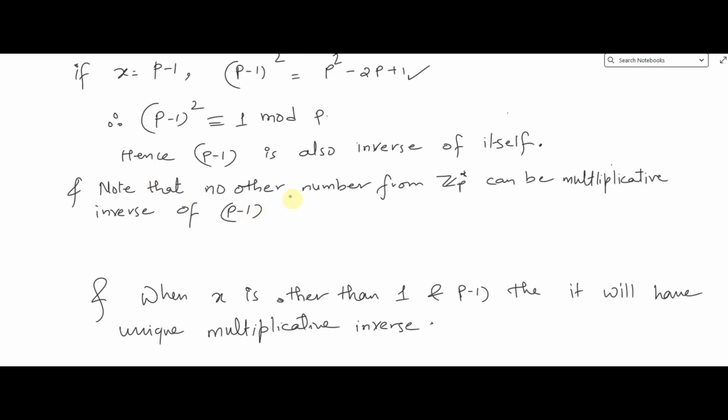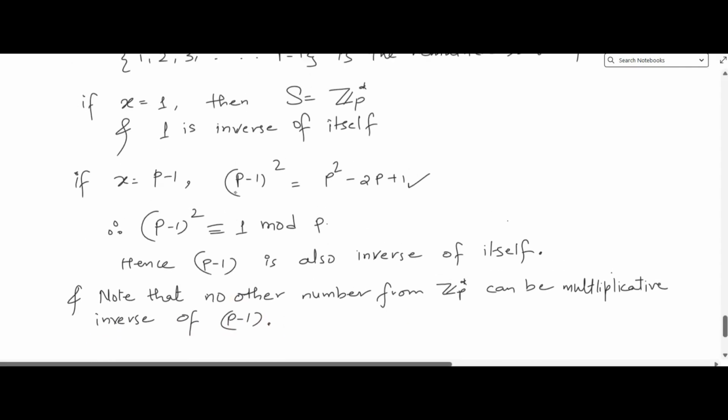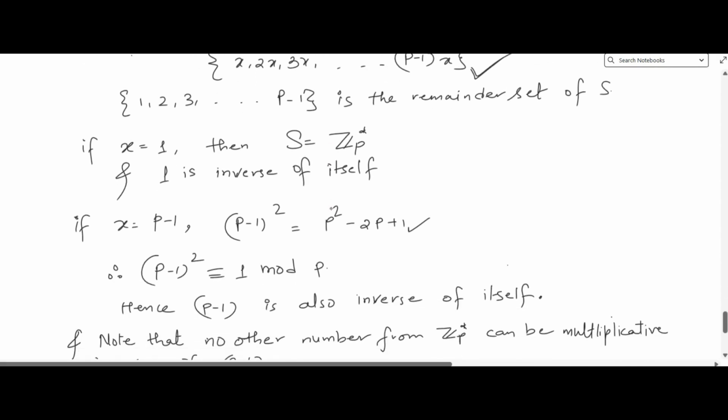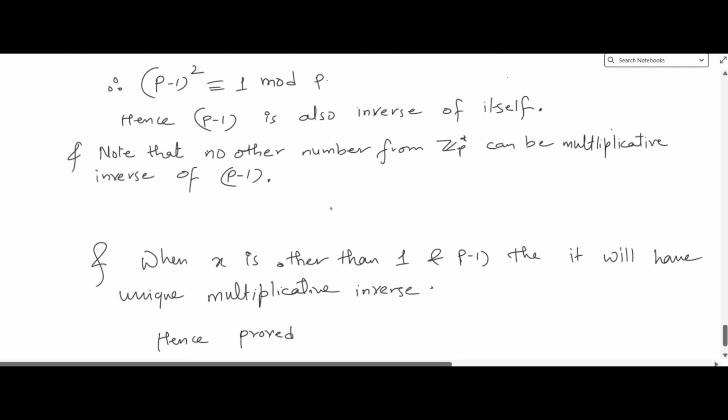Note that no other number from Zp star can be the multiplicative inverse of p minus 1. Why? Because in this set S, no two numbers leave the same remainder, which we have already proved. Hence p minus 1 has a unique multiplicative inverse.